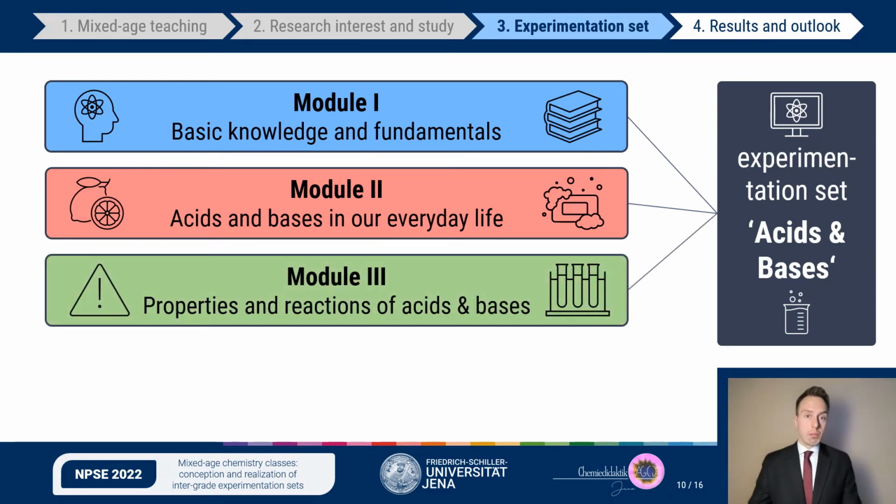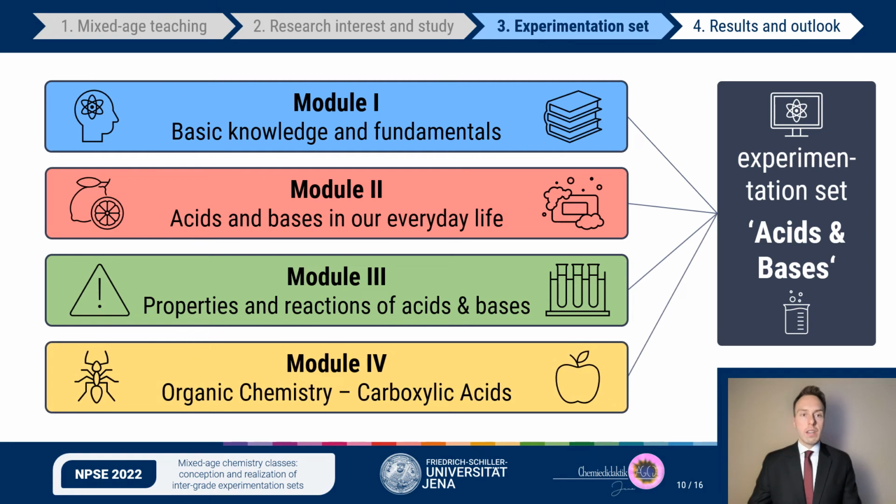Properties and chemical reactions of acids and bases are thematized in the third module. In order to expand the content dealt with so far from a purely inorganic point of view to include organic chemistry, a fourth module was designed, which addresses carboxylic acids.